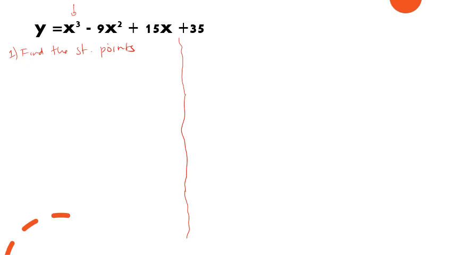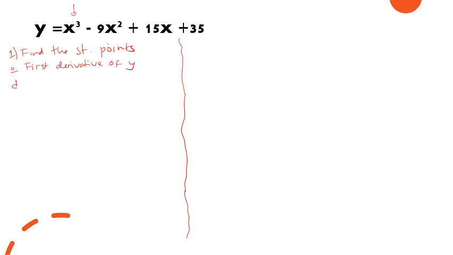If you later make another function with power 4, then the maximum stationary points will be 3, so just subtract 1. The maximum, yes, it can be less, but it cannot be more than that. All right, now first of all, define the first derivative of y.